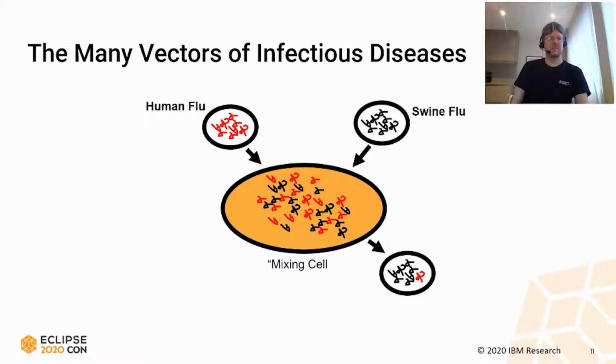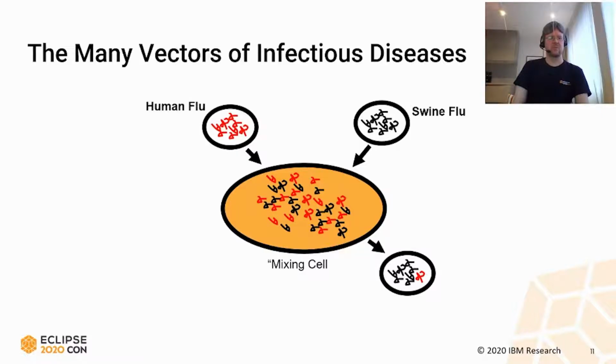There are many vectors of infectious diseases. Here, the example of the human flu and the swine flu that then mutate and mix. And we also saw other examples in the past. Many of the most lethal and dangerous diseases, including HIV, also are believed to have spread from other animals like mammals onto humans.